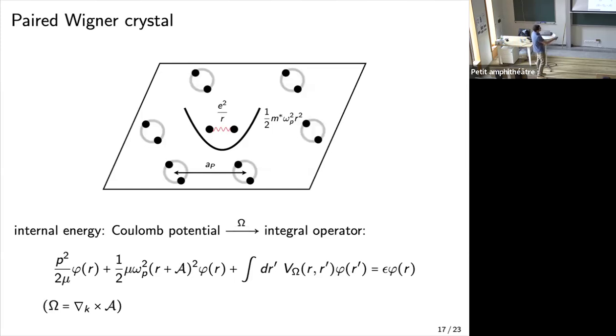First of all, the local Coulomb potential becomes a non-local integral operator. So it looks like this now in the Hamiltonian. If anybody's interested, I can show you later what this non-local integral kernel looks like. And then it modifies the harmonic part of the Hamiltonian in this way, where curly A is the Berry connection that is related to the Berry curvature in this way.